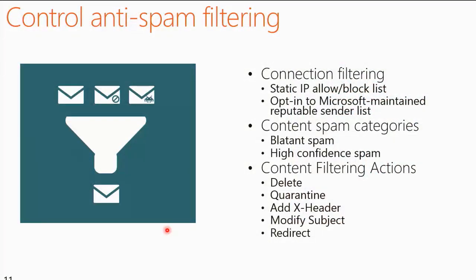And for the configuration and control, you can specify your own allow and block IP addresses, and we'll respect those for you. Or you can leverage ours. In fact, you can do both. And then you have two categories of spam. I think we use different terminology in the UI itself.